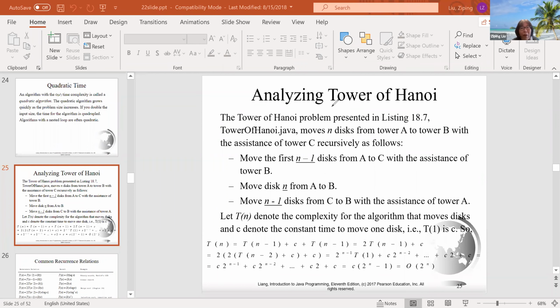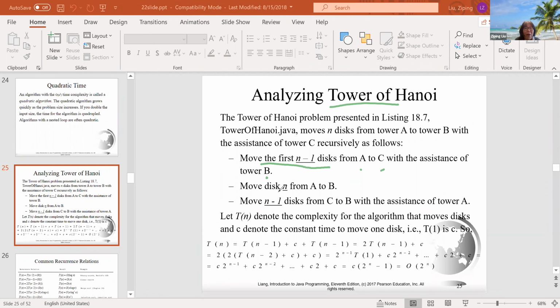Tower of Hanoi, if you recall, I remember in CS2 we discussed the recursive approach to achieve the Tower of Hanoi game. Generally speaking, how it works is you move the first n minus 1 plates from source to destination with the help of the spare.